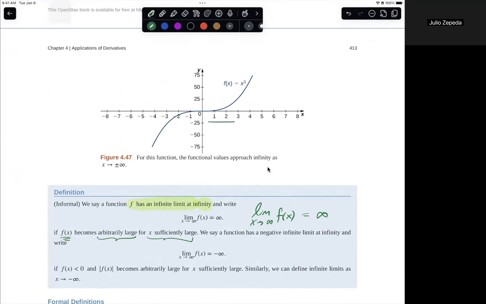Basically, it's just saying if you go very far to the right and your function goes very far up, it just becomes very large, well then we would say that that function has an infinite limit at infinity. A lot of functions are like this. The line y equals x, y equals mx plus b, where m is positive, also has that behavior. As you go very far to the right, the function goes very high up, without bound. It'll just continue to go up the further you go to the right.